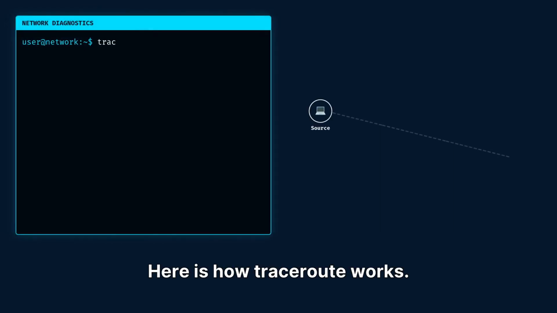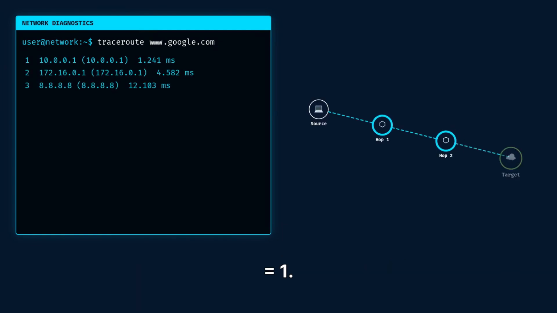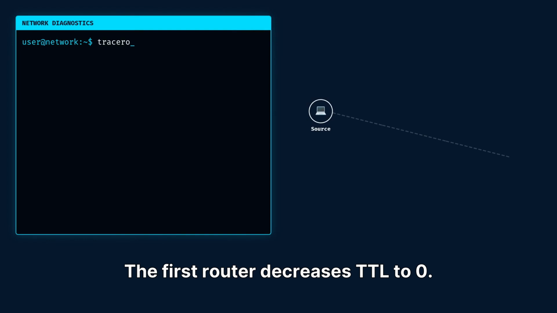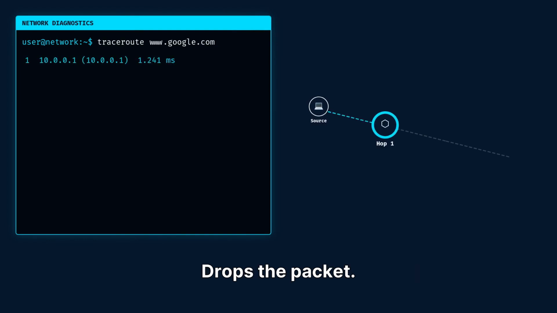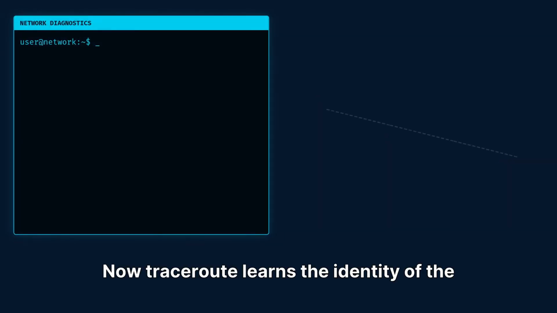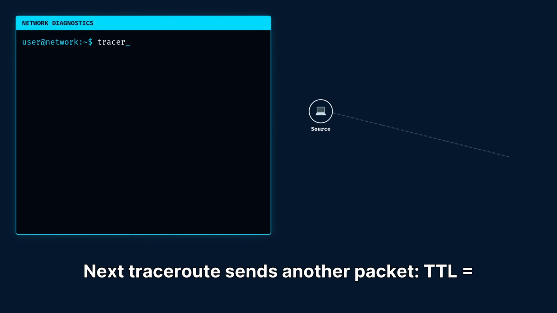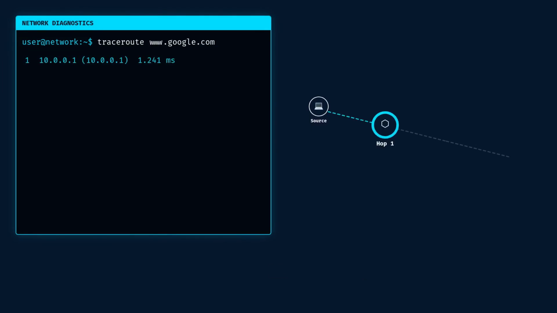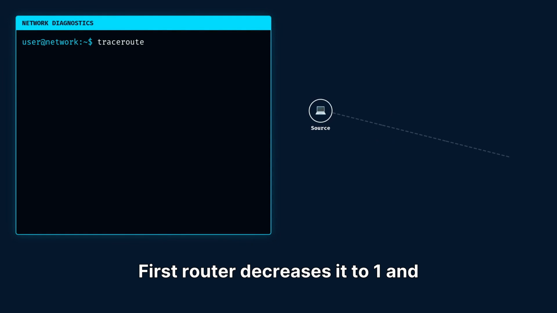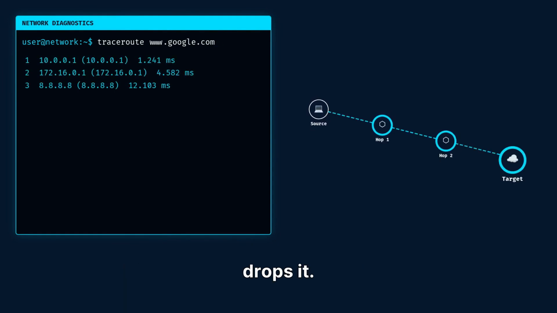Here is how Traceroute works. First, Traceroute sends a packet with TTL equals 1. The first router decreases TTL to 0, drops the packet, sends ICMP Time Exceeded back. Now Traceroute learns the identity of the first router. Next, Traceroute sends another packet, TTL equals 2. First router decreases it to 1 and forwards it. Second router decreases it to 0 and drops it.